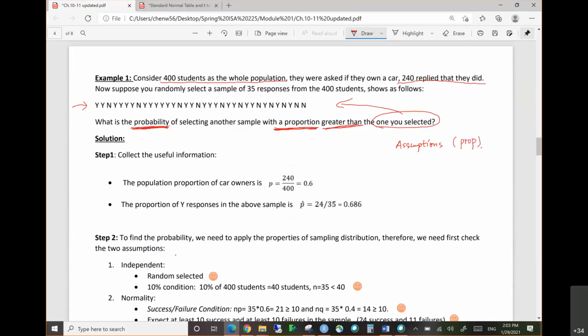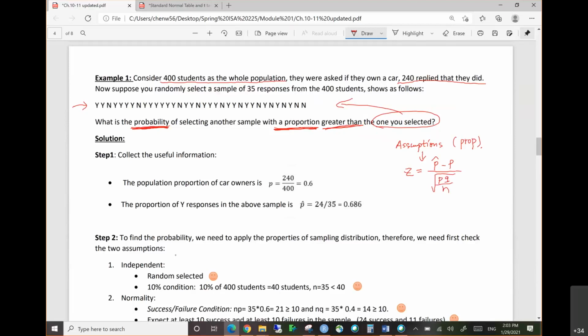All right, once the assumptions are both satisfied, next step, calculate the z. Right? So we have the formula for the proportion, which is p hat minus p over the square root of pq over n.